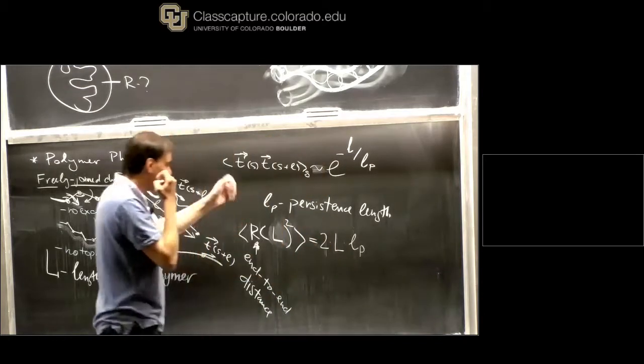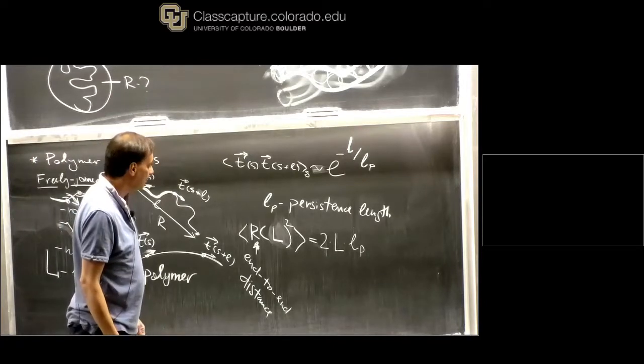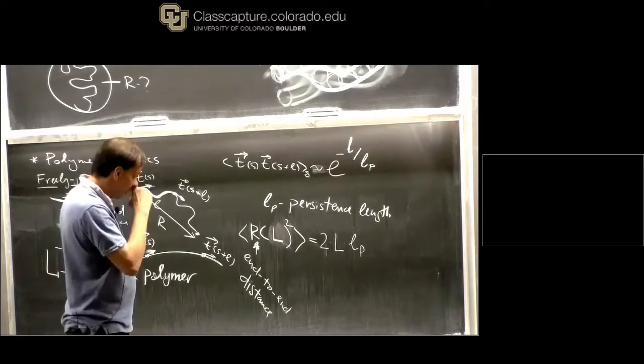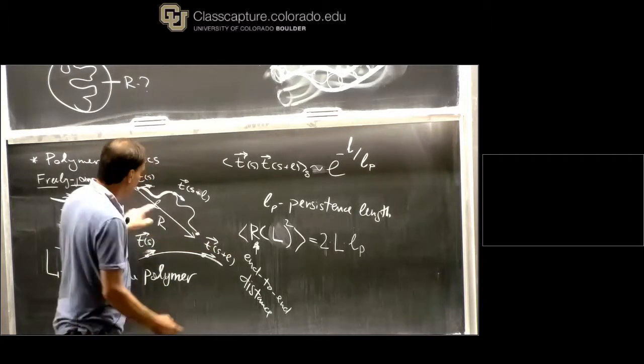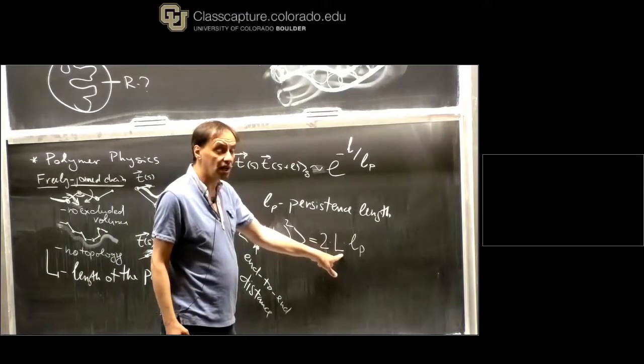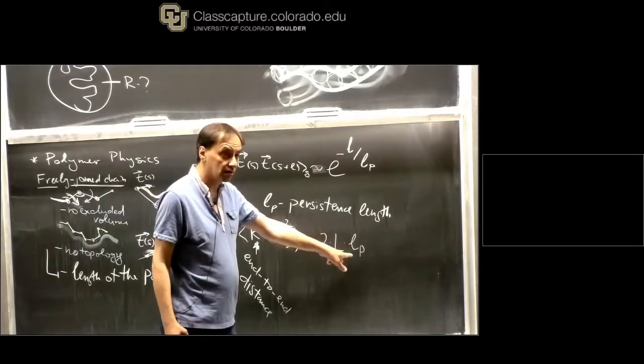I'm not going to derive this, we wouldn't have time. That's an important result, because it tells me that the end-to-end distance depends only on the length of the polymer, going as length to the power of 1/2, and on the persistence length.